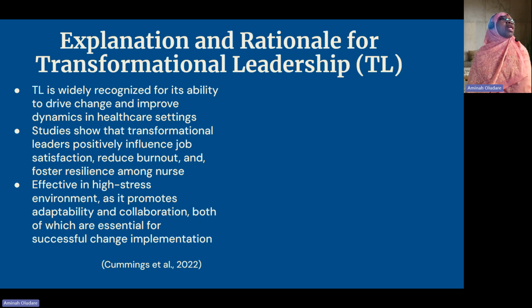Transformational leaders also motivate us to view the new shift rotation as a shared effort to improve the work environment and patient safety.